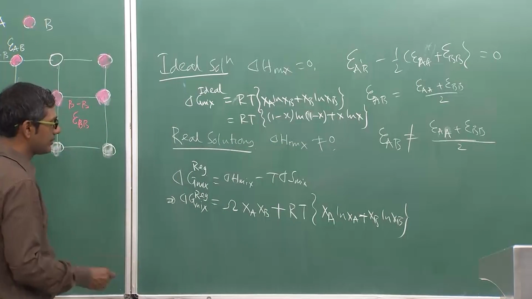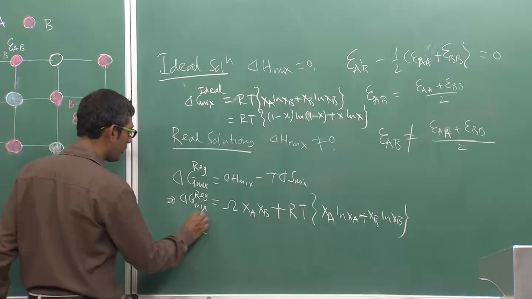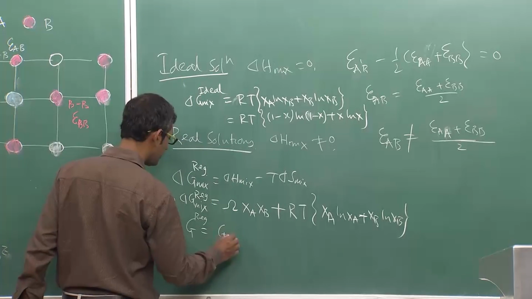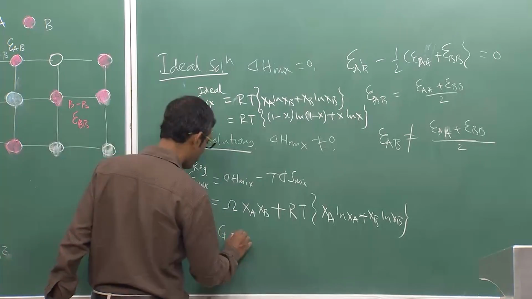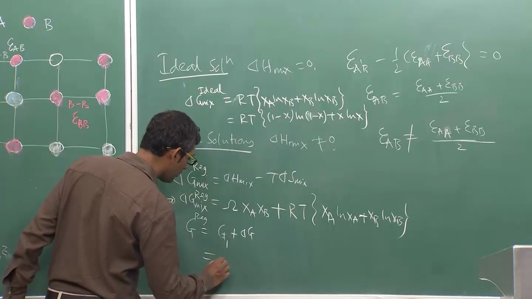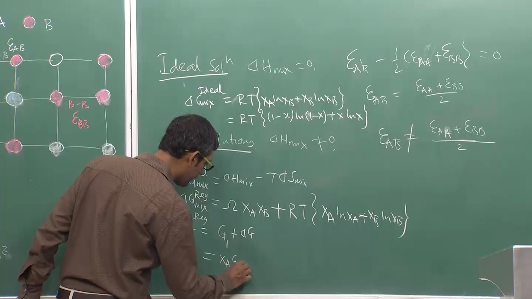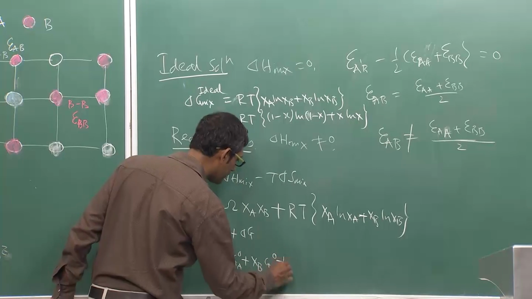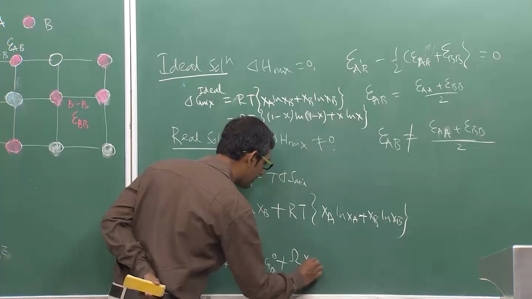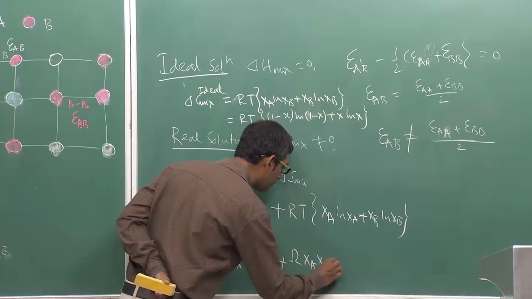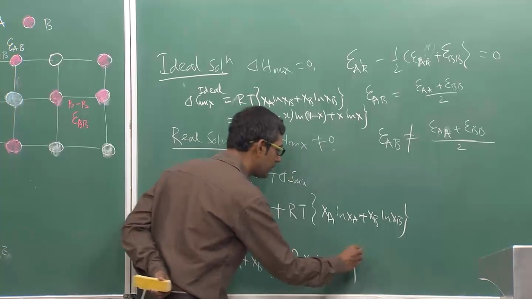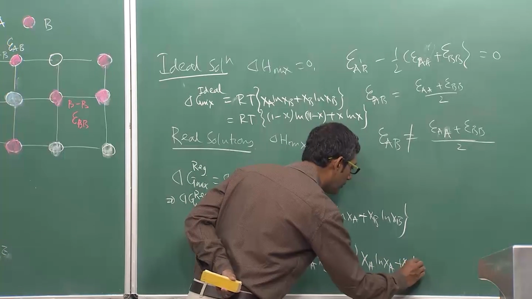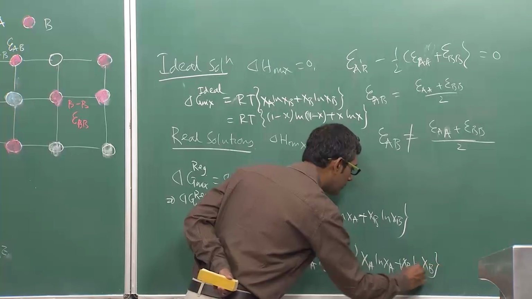So now if I know this, I can simply calculate G of the regular solution, which is nothing but G of step 1 plus delta G. Remember, in the last class I have written step 1 plus delta G. So that means this is equal to XA GA0 plus XB GB0 plus this term, omega XA XB, plus RT (XA ln XA plus XB ln XB).